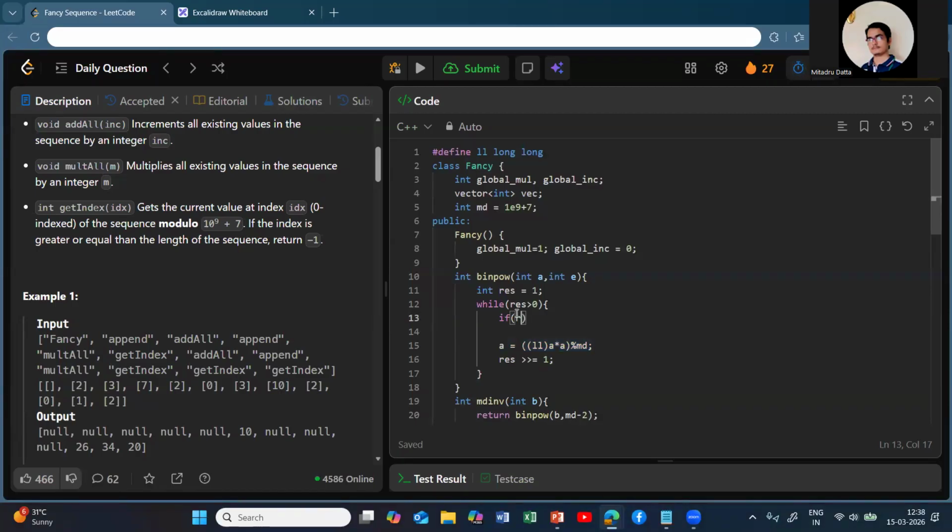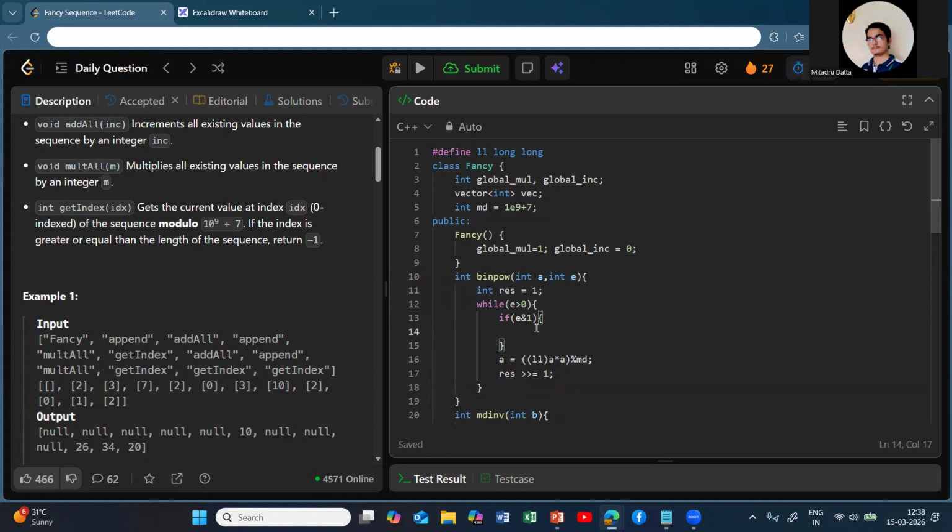And if the exponent is greater than 0, I'm talking about the exponent, and if the last bit of the exponent is set, okay, if the ith bit is set, and I'm shifting every time by 1, so it means the last bit only is the ith bit over here.